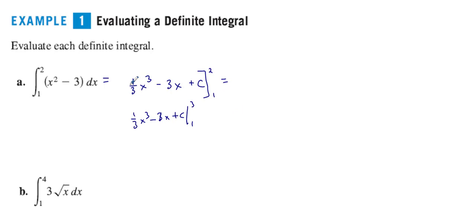All right, now what we do is evaluate the antiderivative at 2 and then subtract the antiderivative at 1. So it'd be 1/3 times 2 cubed minus 3 times 2 plus c, minus parentheses, 1/3 times 1 cubed minus 3 times 1 plus c.